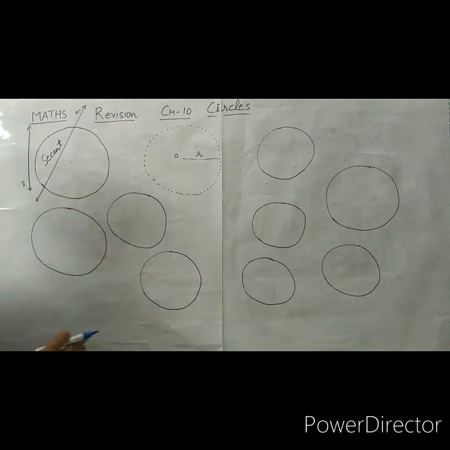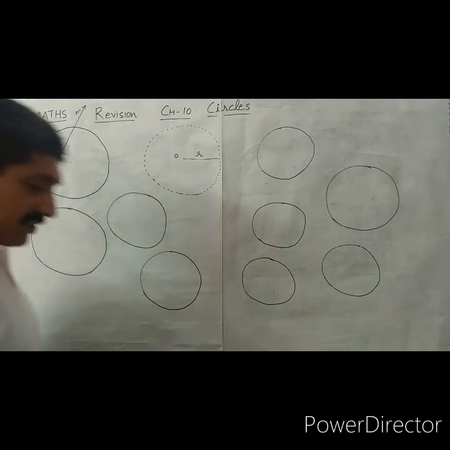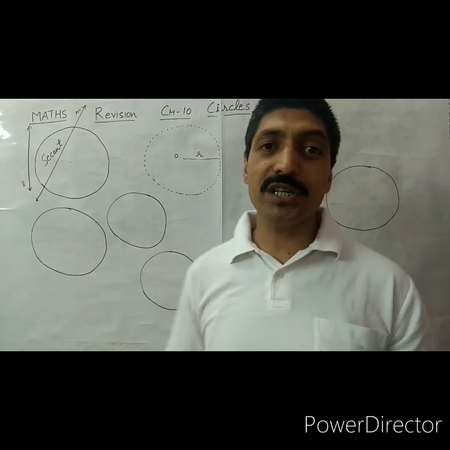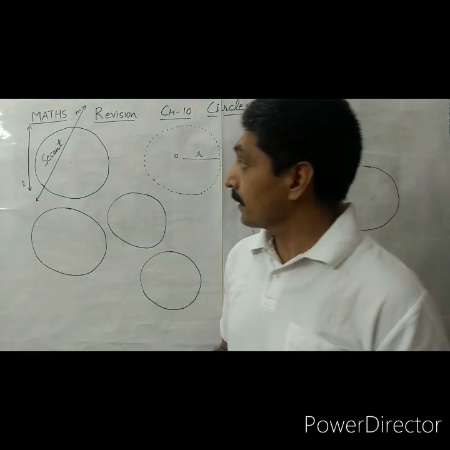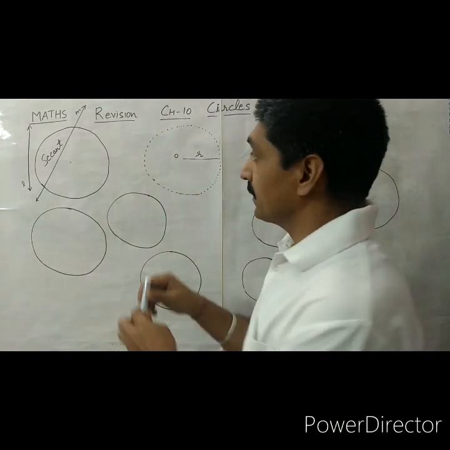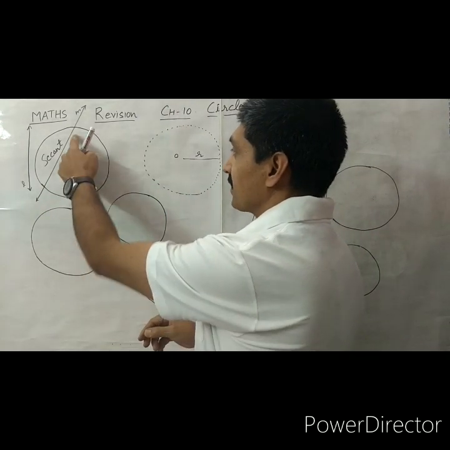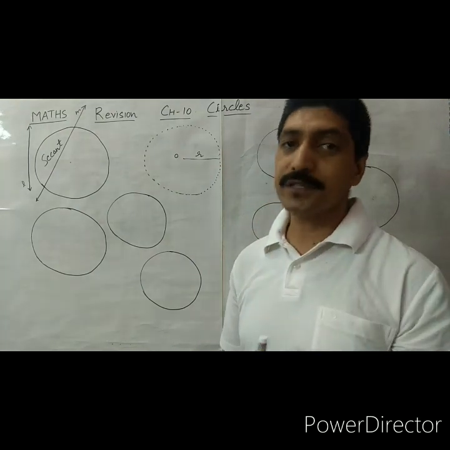Tangent is a special case of secant. Every secant intersects a circle at 2 points.